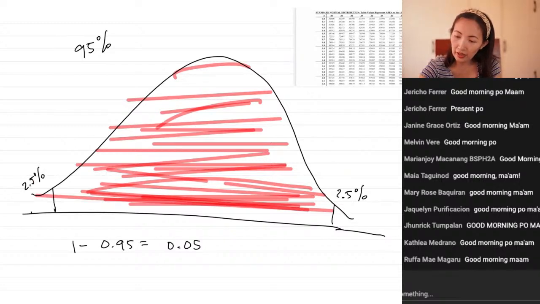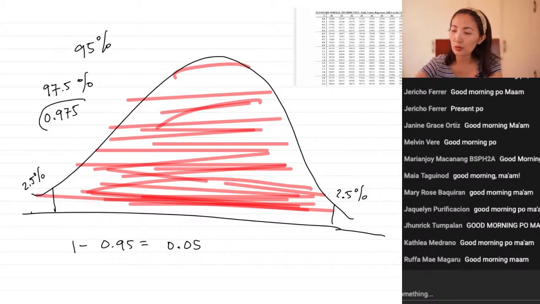So 95% plus 2.5% is 97.5%, or when expressed in decimal, 0.975. So table lookup, tingnan lang yan sa table.